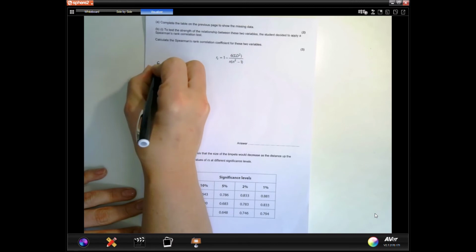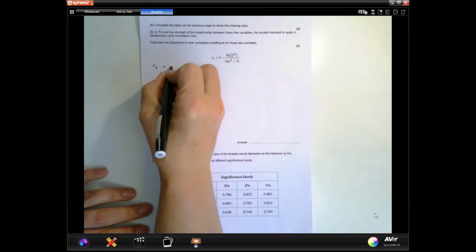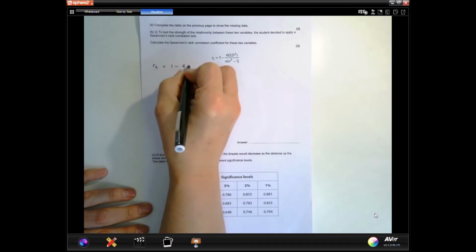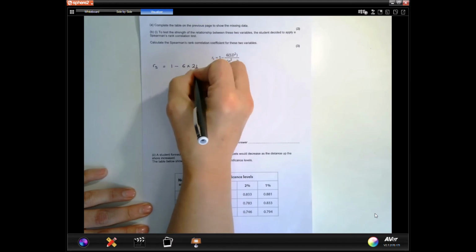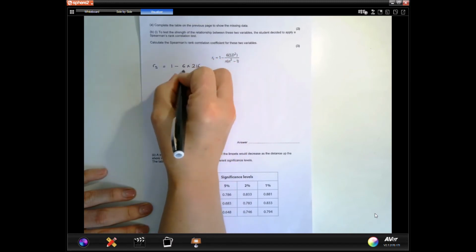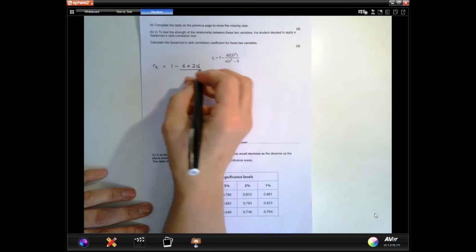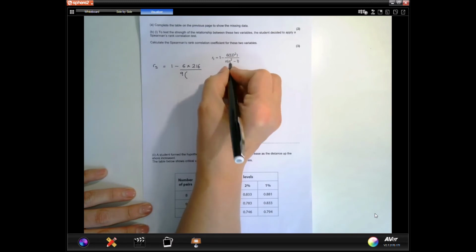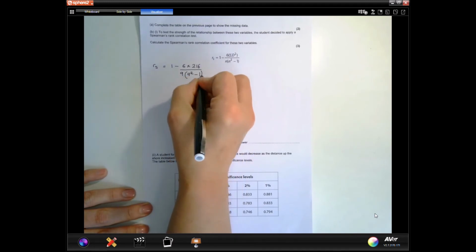Our value of Spearman's rank correlation coefficient is going to equal 1 minus 6 times, now we've worked this out to be 216, and we're going to divide that by our number of pairs of data, which was 9, multiplied by 9 squared minus 1.